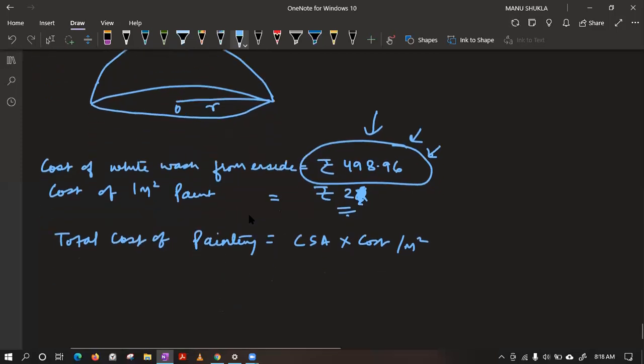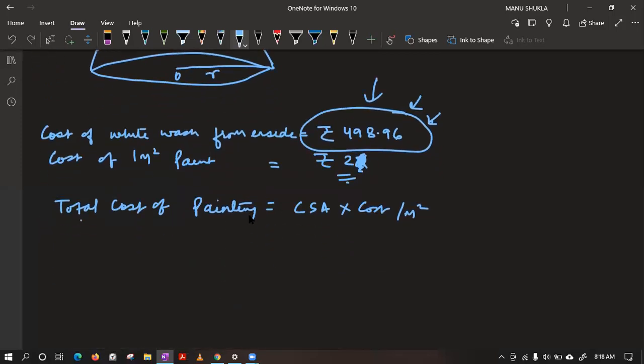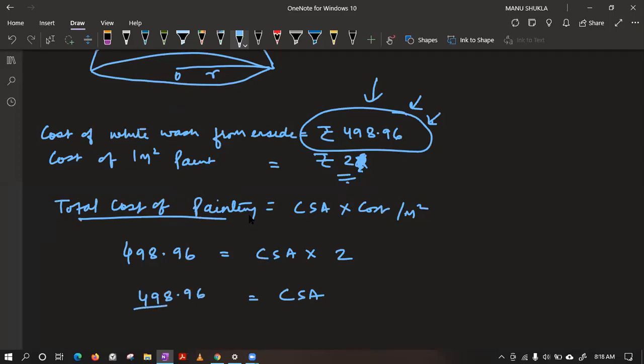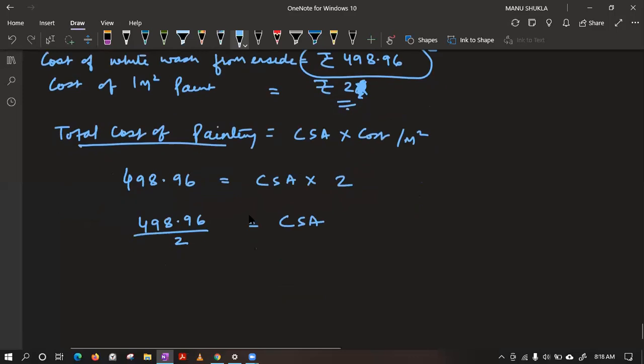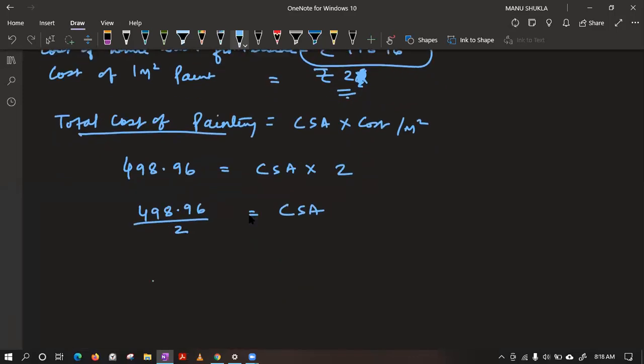Now put the value. The total cost is given to us as 498.96 is equal to curved surface area multiplied with 2. That means CSA will be 498.96 upon 2, and the final answer will be 2 4s are 8, 2 9s are 18, then 2 4s are 8, 2 8s are 16 meter square.